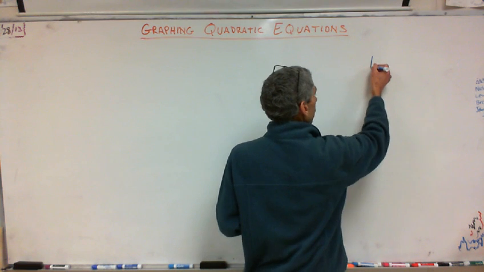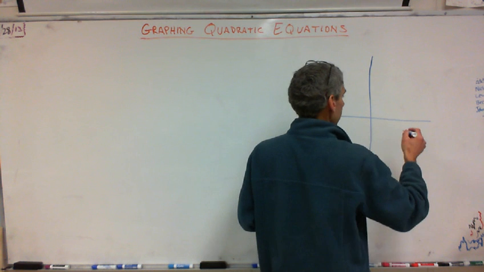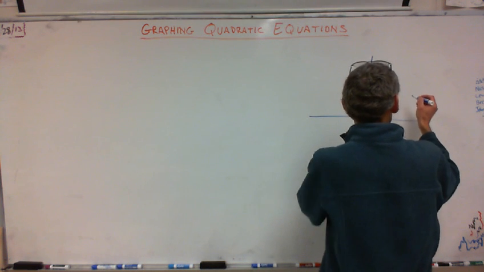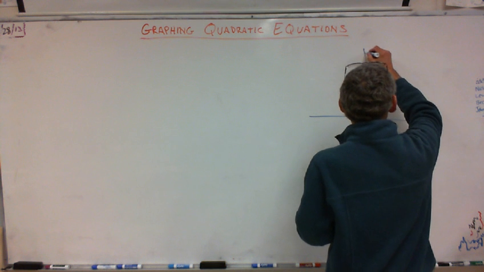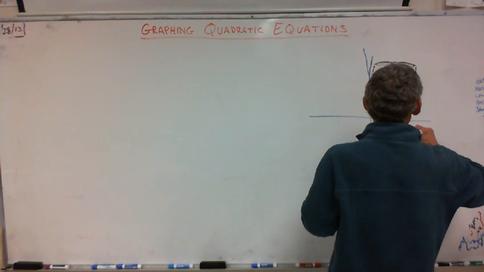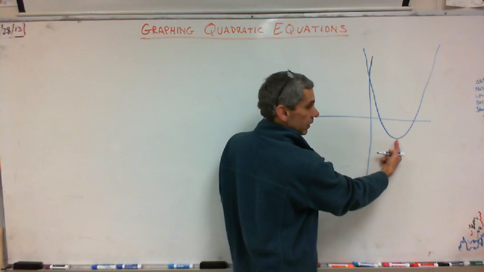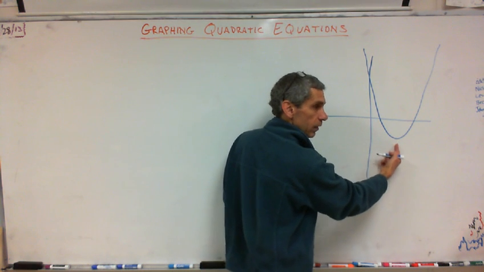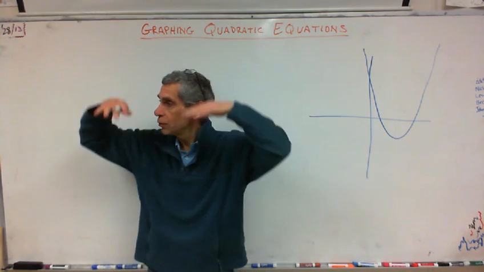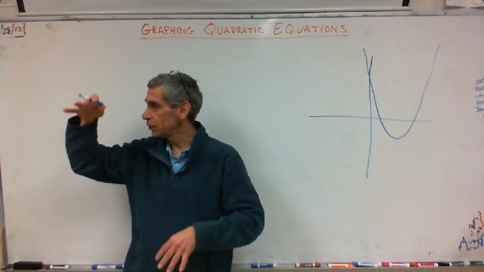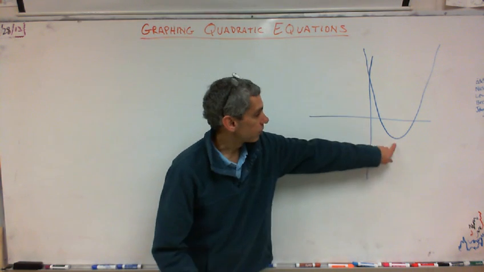If you have a graph, and let's say the graph goes like that, that's the parabola. Right here at the vertex, this is called the vertex, by the way. It's where it comes to a point and then it turns around and goes back up again, or it comes to a point, turns around and comes back down again, depending on which way. It could either be like this or like this. That's called the vertex.